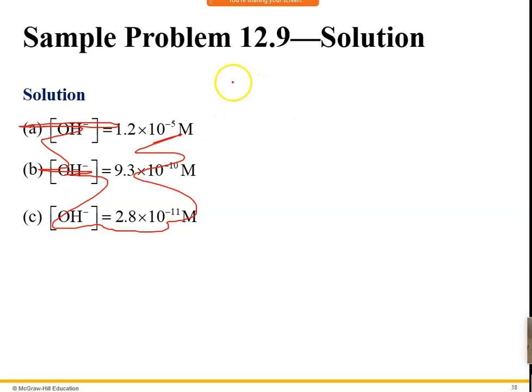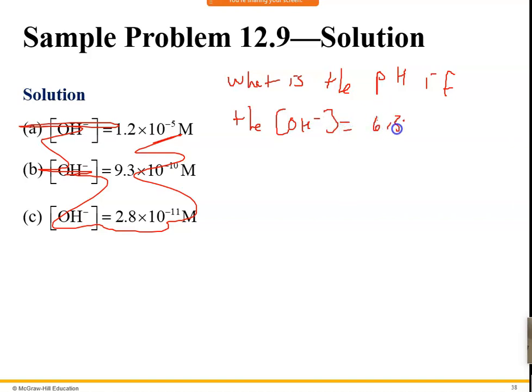Let's erase these. Let's say I give you: what is the pH if the hydroxide concentration is equal to 6.37 times 10 to the negative 8th?